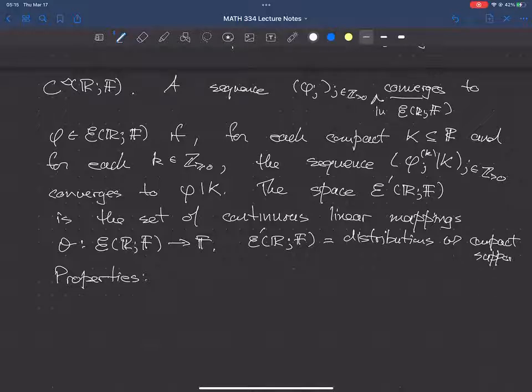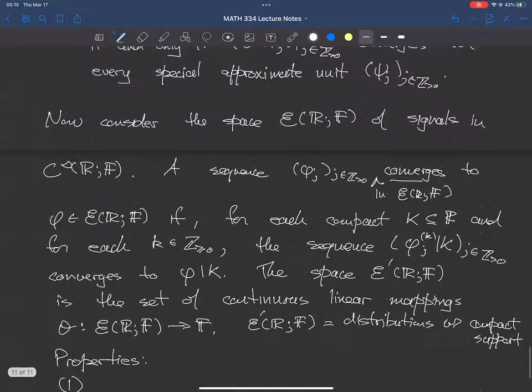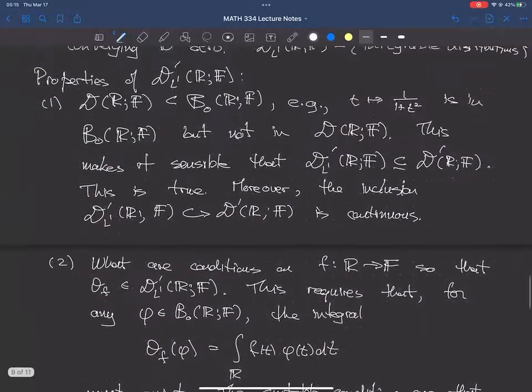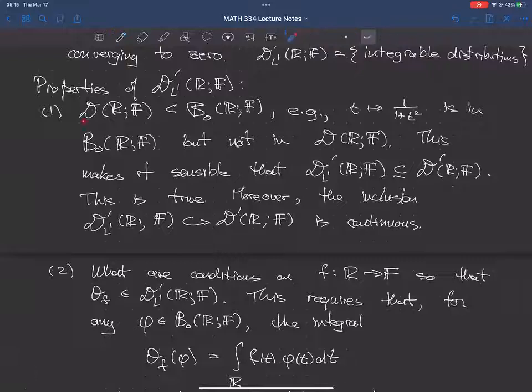So it better be the case that these are distributions with compact support in the normal sense of the word, and of course they are. First, we notice that, as with integrable distributions, we have an inclusion of the test signals from D in this new class of test signals.